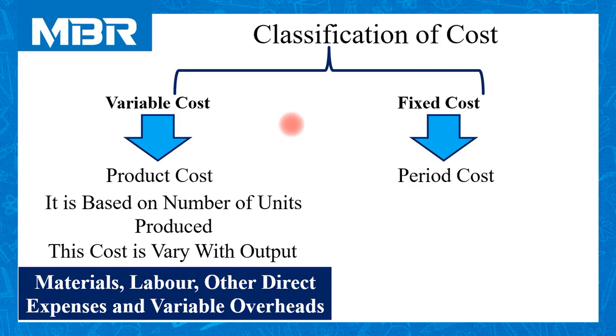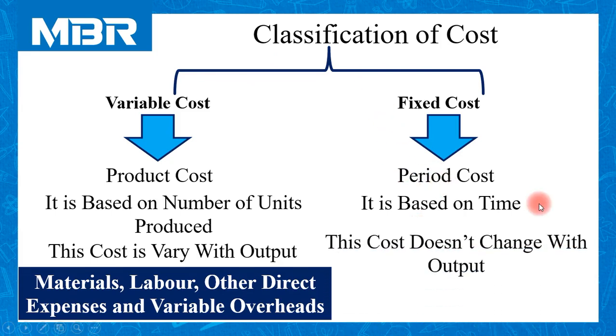Materials, labor, other direct expenses and variable overheads are referred to as variable cost, while fixed cost is referred to as period cost because it is connected with the time frame. Say for example, rent. It may be per month, per quarter, per annum, whatsoever the terms and conditions decided by the industry and the landlord. Same way, it is based on time. The element of time is most important in determination of the fixed cost.